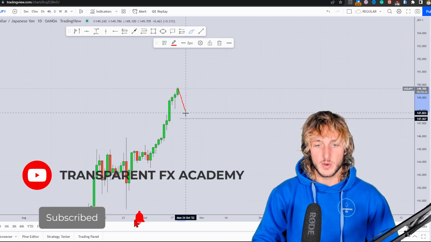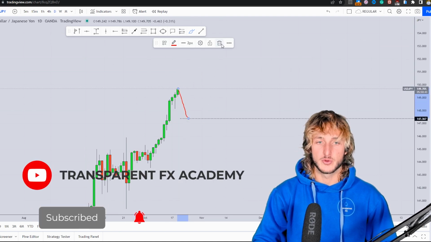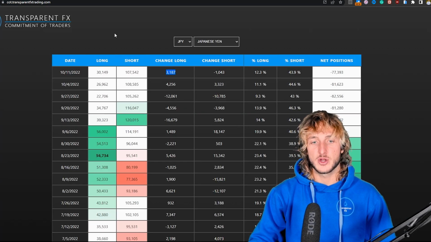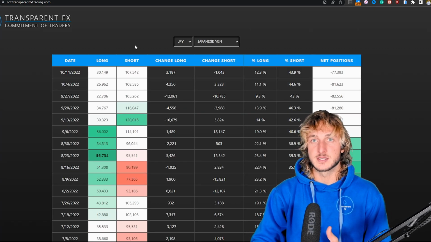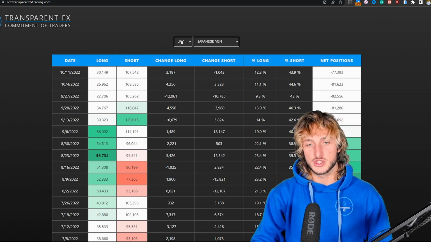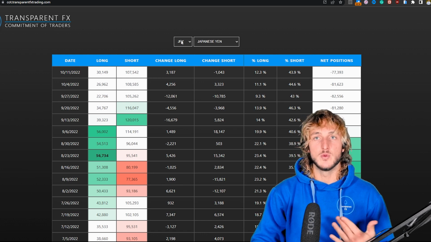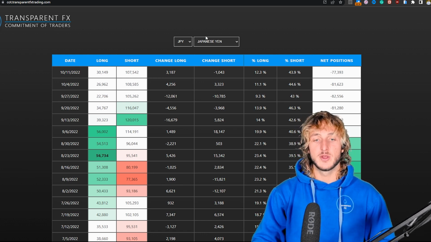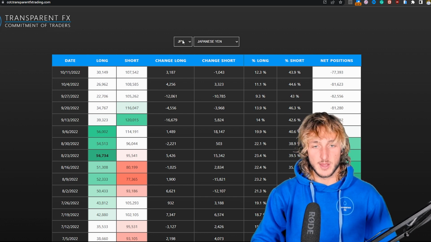And a strong JPY is exactly what we need if we are to create this move to the downside, because always remember that all currencies on this spot are traded against the USD. So if you're checking the data for the JPY, you're actually checking JPY USD. But if we want USDJPY, which is what we want in this case, we simply have to invert whatever we are reading here.